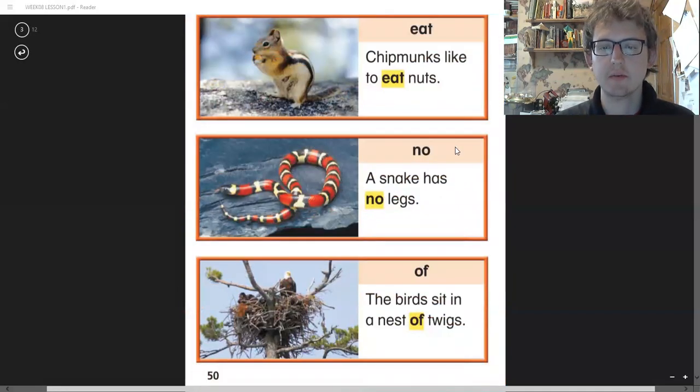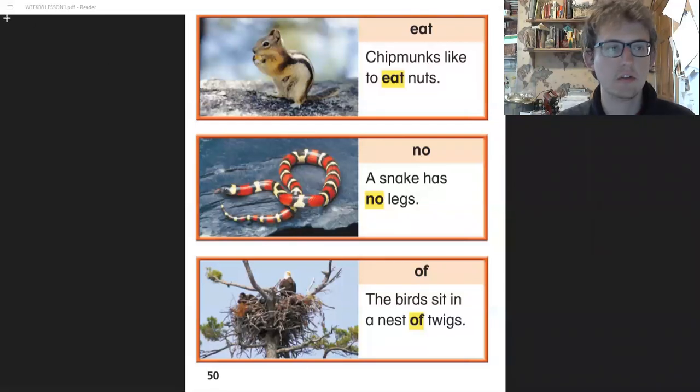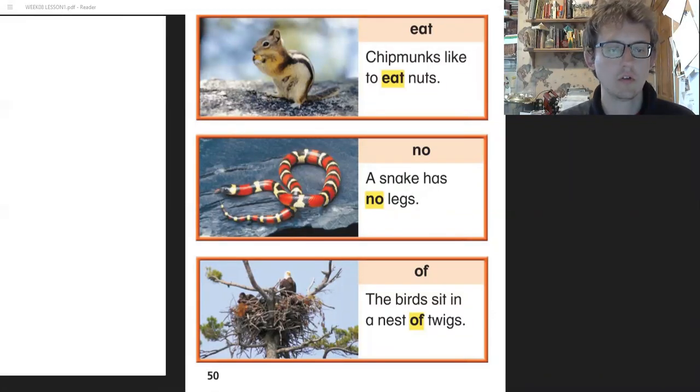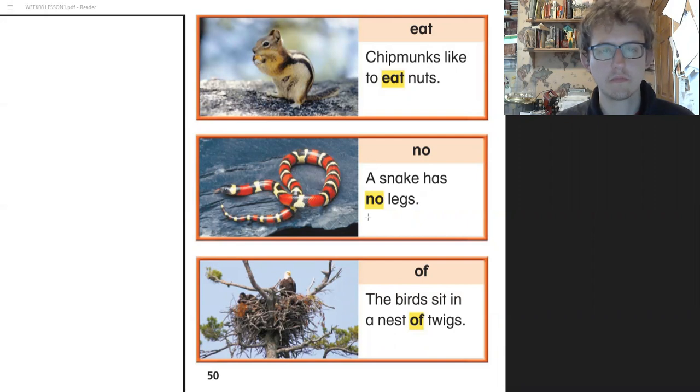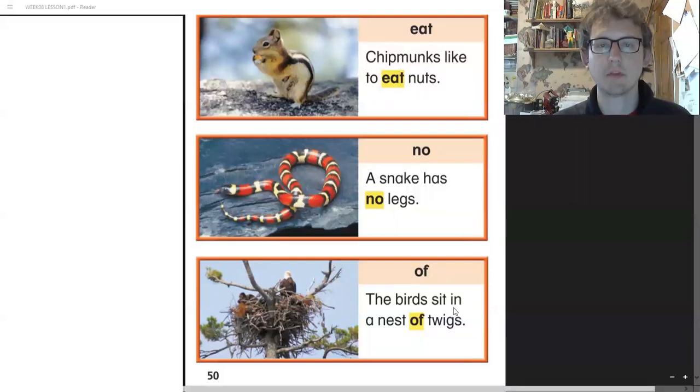Now this week, we're going to learn some new words, okay? So let's make our writing area here. We're going to learn 5 new words right now. The first word is eat, E-A-T.